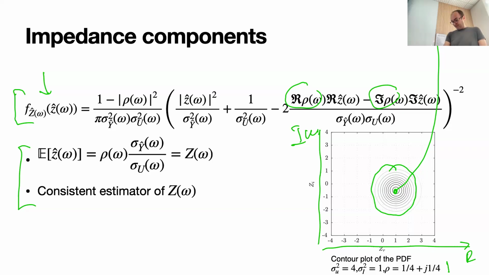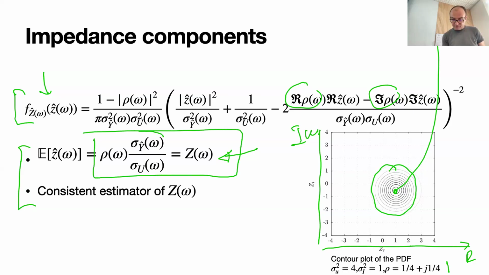And if we calculate it, although the integral seems really complicated, it reduces down to this value. So the impedance is dependent only on the variance of the input, the variance of the output, and the correlation coefficient. So we have to somehow estimate only these parameters from our signals, and the impedance will pop up.